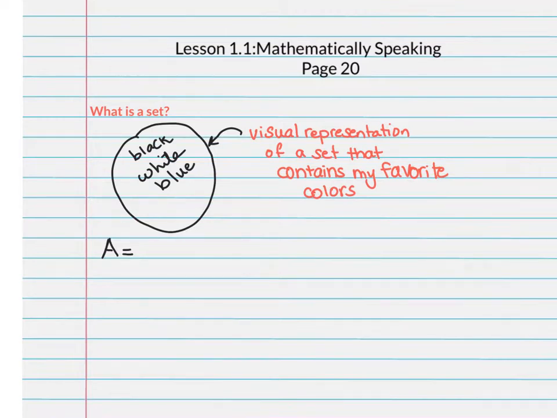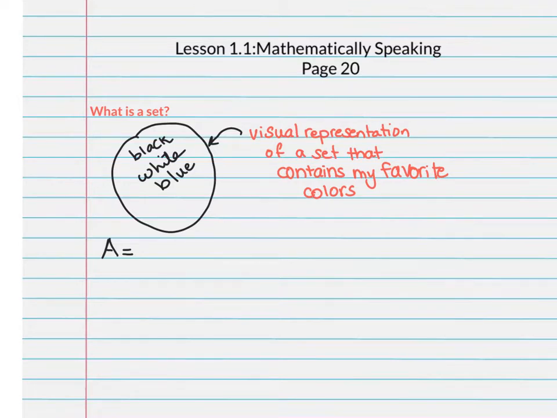The following what? The following elements or objects, but the proper mathematical language is to use elements. What are the elements of my set? The elements of my set are black, white, and blue. So I need to write them next to my set.